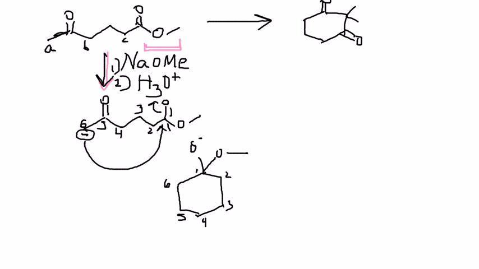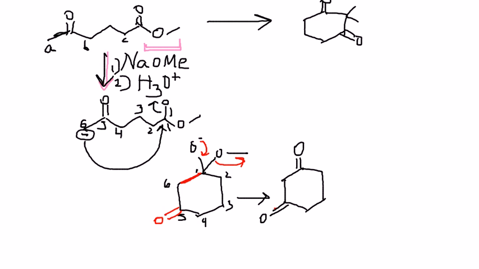The new bond is really the 1,6 bond, that's the new bond. And you have a double bond O at carbon number 5. Now the electrons come back, the methoxide is going to leave, and you're going to end up with a diketone, much the same way as we saw in class.